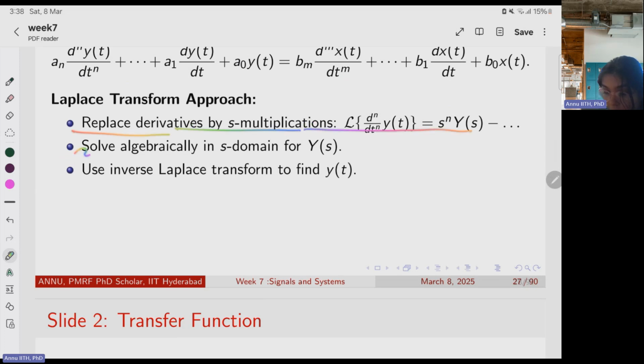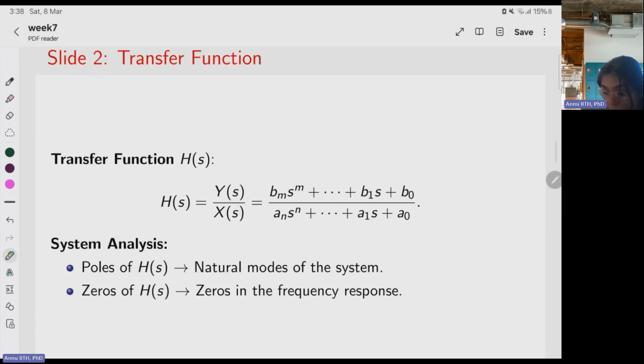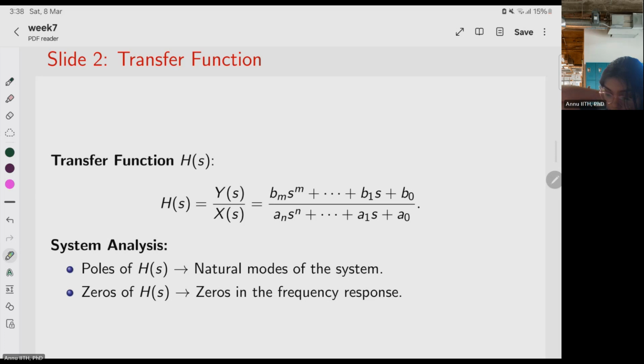This way, solve algebraically in the s domain and use the inverse Laplace transform to find y. This is how it is done. So system analysis gives the natural roots of the system, the poles, and the zeros in the frequency response.